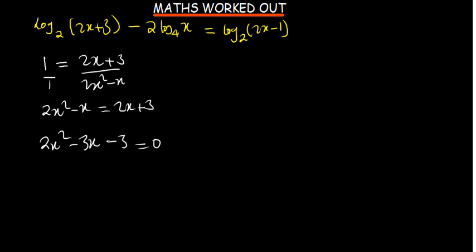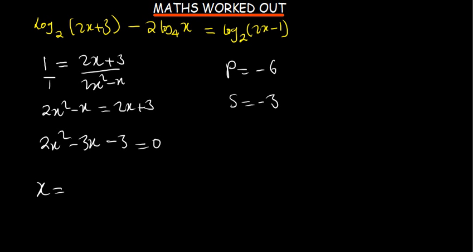Negative 6. The product is negative 6, the sum is negative 3. Do we have any two numbers that we can multiply to get negative 6, and when we add them, we get negative 3? No. So then the option is to use the quadratic equation.